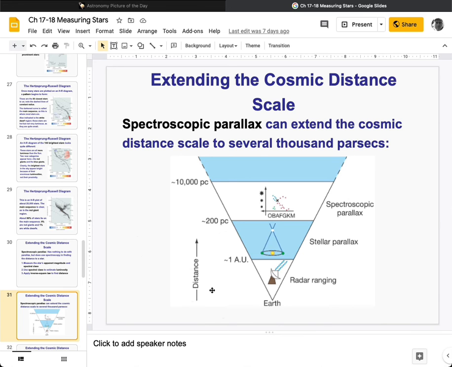Starting from Earth, if an object is fairly close by, including all the way to, say, the distance to Venus, maybe even a little bit further, we can use ground based radar to get a distance.